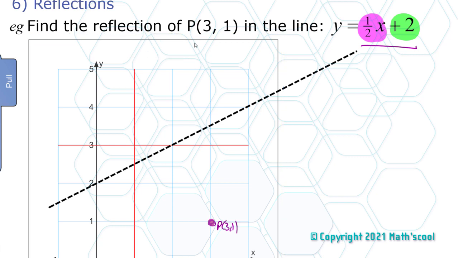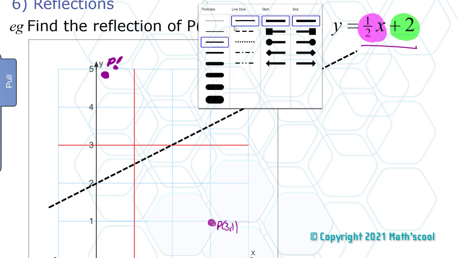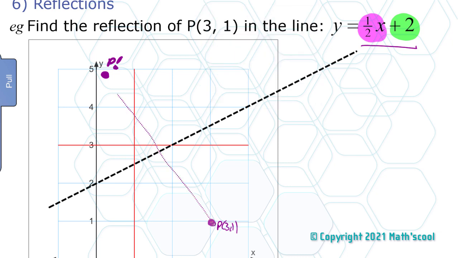So let's say P is somewhere over here, P dash. You know the rule from GCSE physics, which is it's going to be the same distance behind the mirror as P was in front, and it's going to be along a normal. A normal is like a perpendicular.